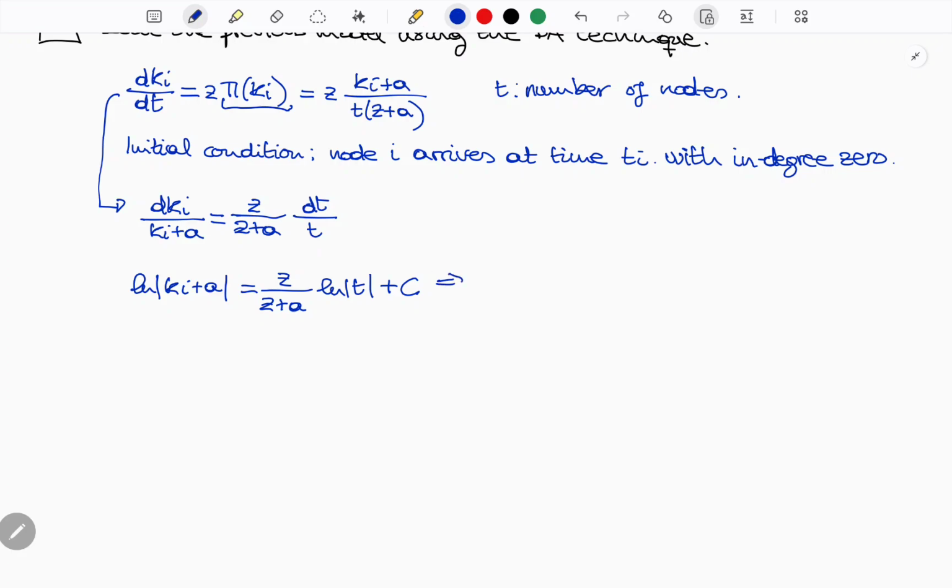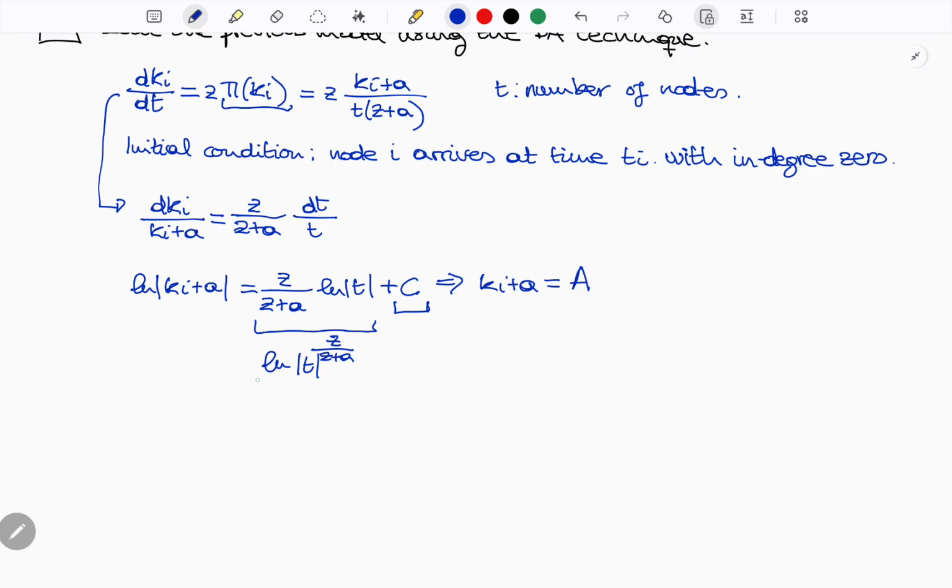So I just do the exponentials on both sides, and what I obtain is that k_i plus a is equal to some constant, which I'm going to call A, the exponential of c, times t to the power of z over z plus a. So this is what I'm going to write now.